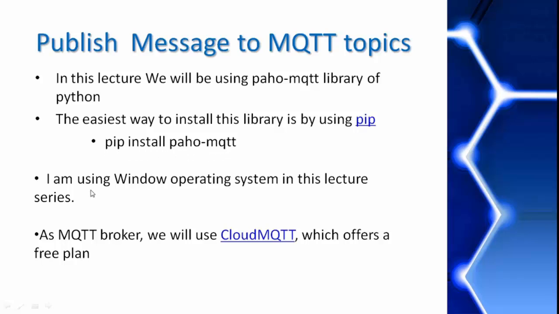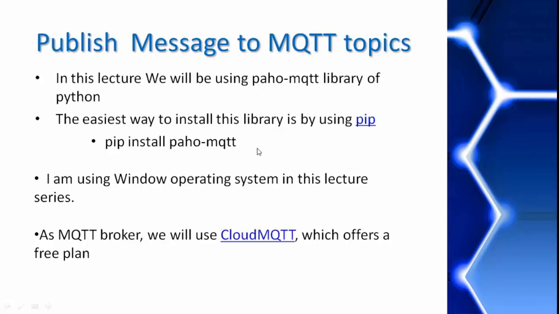The core of the client library is the client class, which provides all the functions to publish messages and subscribe to topics. The Paho MQTT client class has several methods.